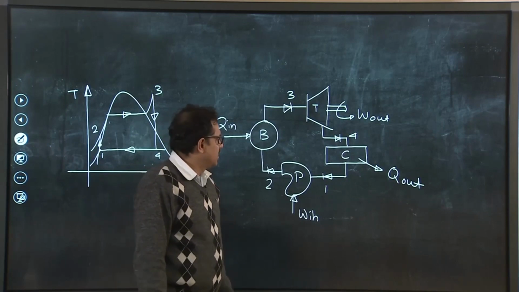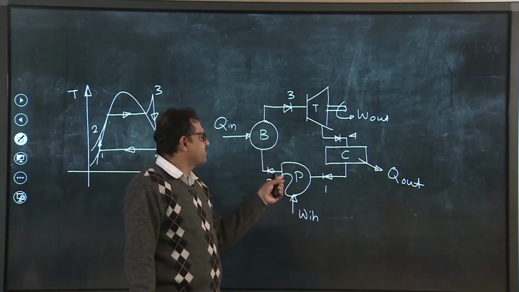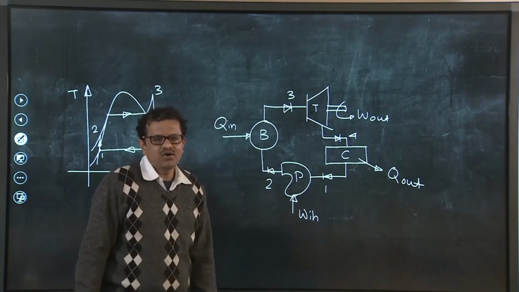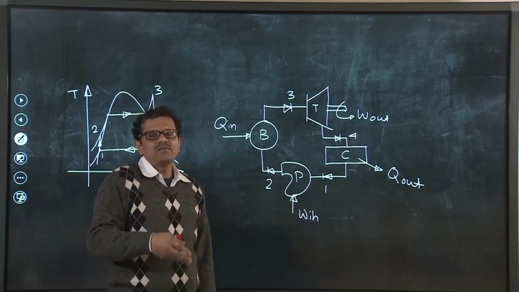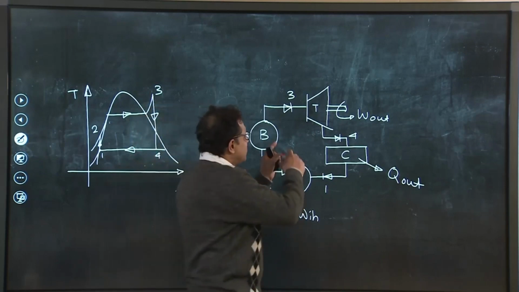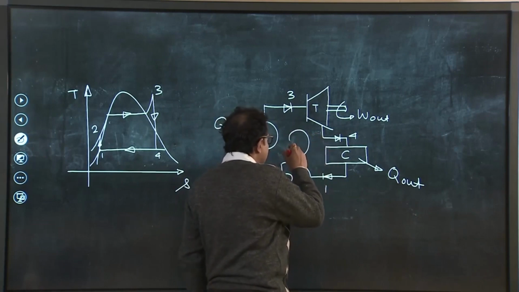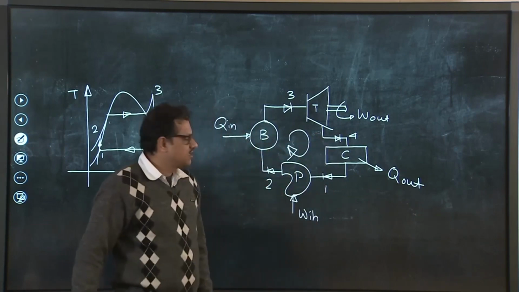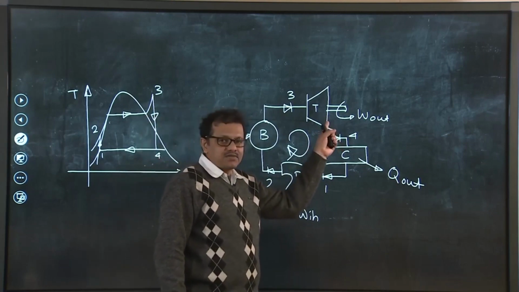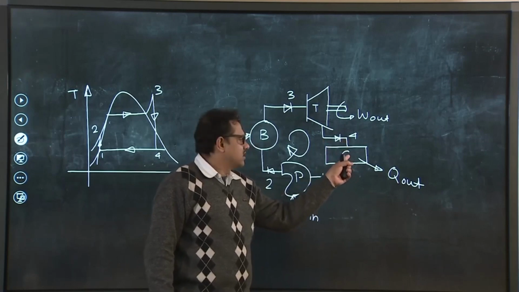Second thing, if that is the case, then again we have to supply feed water each time, and that is also not an economical design of the power plant. So, essentially we need to have a cyclic process such that steam that comes out from the turbine will be taken into this condenser.